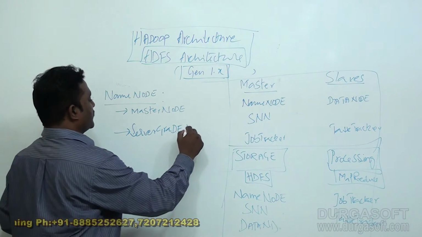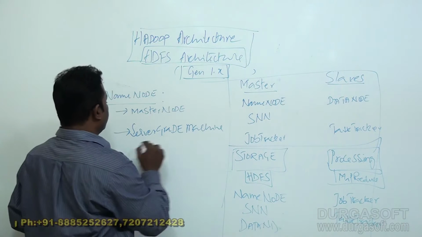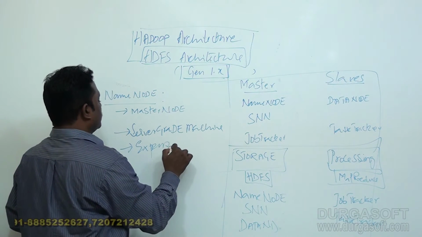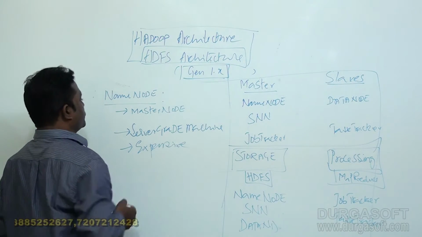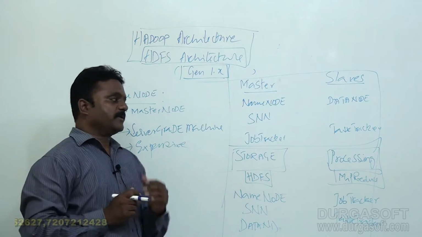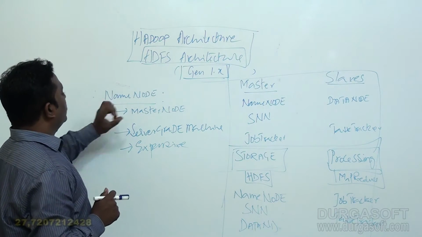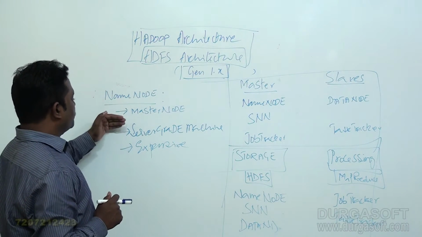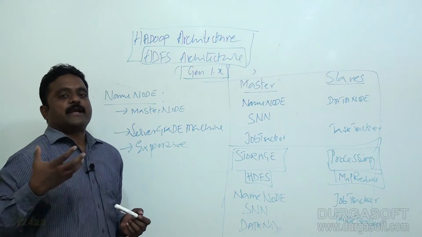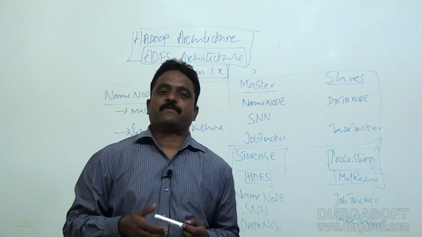So a server grade machine, or we call it an expensive or reliable machine. Always, a master node has to be an expensive or reliable machine.